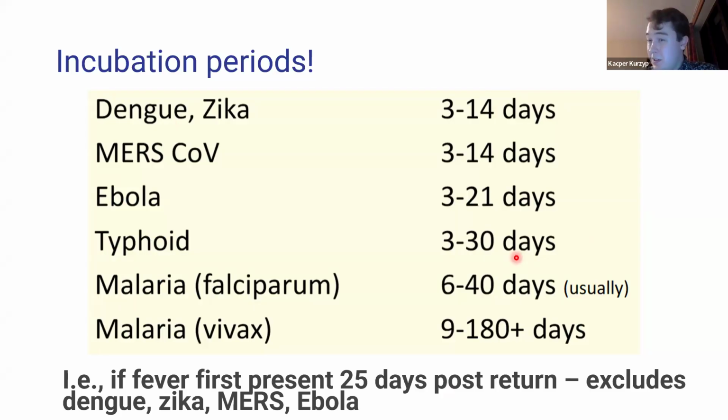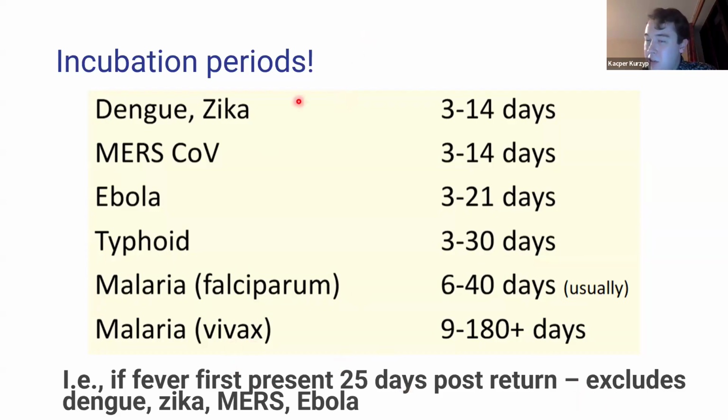Those questions will typically tell you that they've been somewhere, they've returned like 10 days ago, or let's say they returned 2 months ago, and since 4 days they are having fevers. This allows you to tell, okay, they had their first symptoms 25 days post-return.